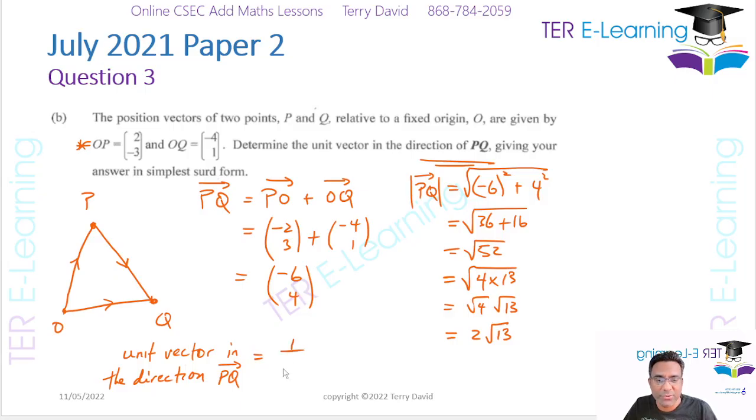So all we need to do is say 1 over 2 root 13 multiplied by whatever the vector PQ is, which is (minus 6, 4). And that's it. That's all we need to put there. We can stop there. What they want, let me see something.